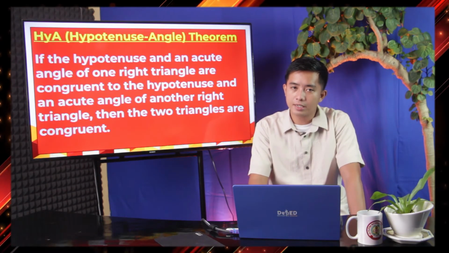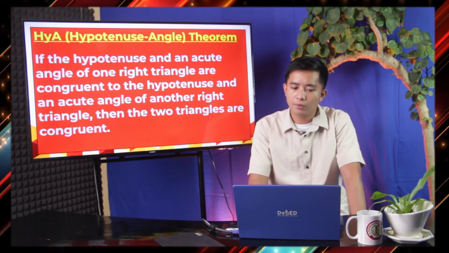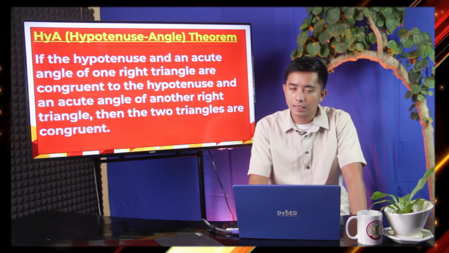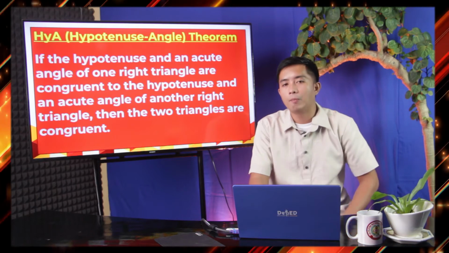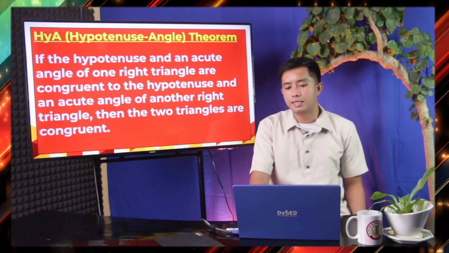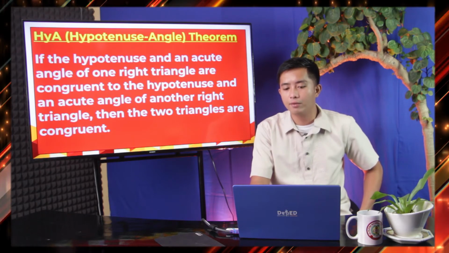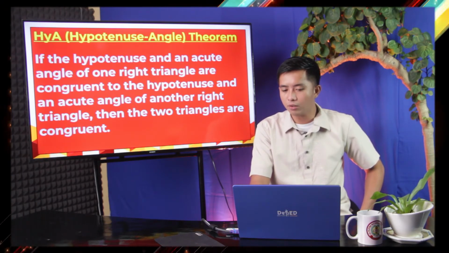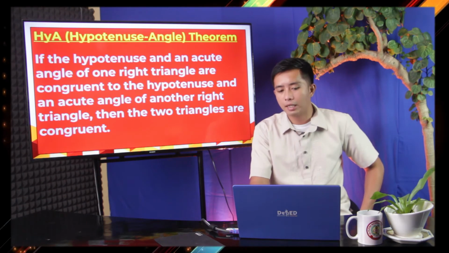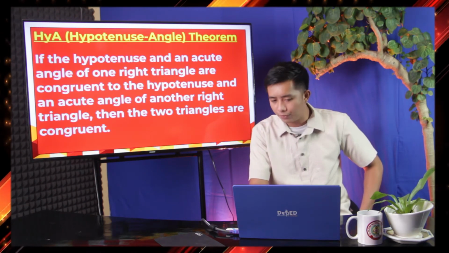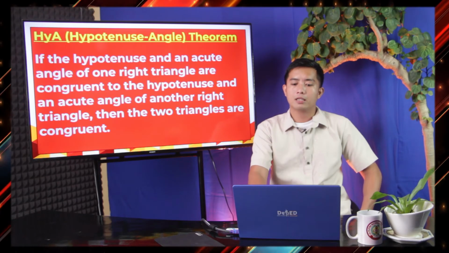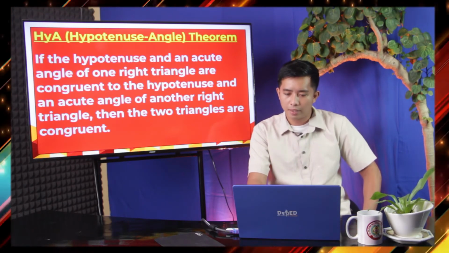The last one is the HA theorem or the hypotenuse angle theorem. Hypotenuse angle theorem states that if the hypotenuse and an acute angle of one right triangle are congruent to the hypotenuse and an acute angle of another right triangle, then the two triangles are congruent.